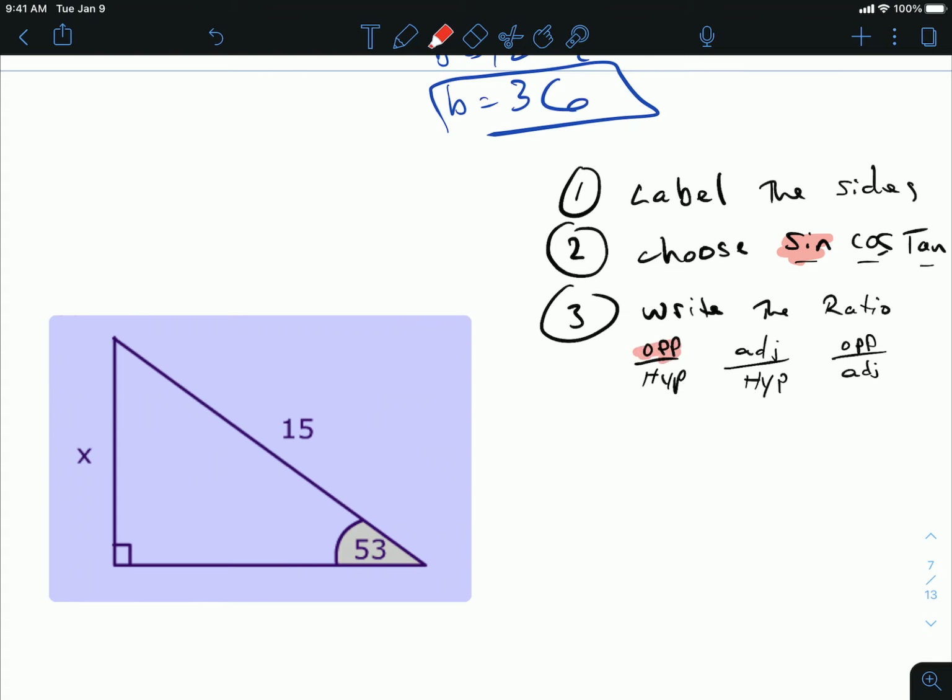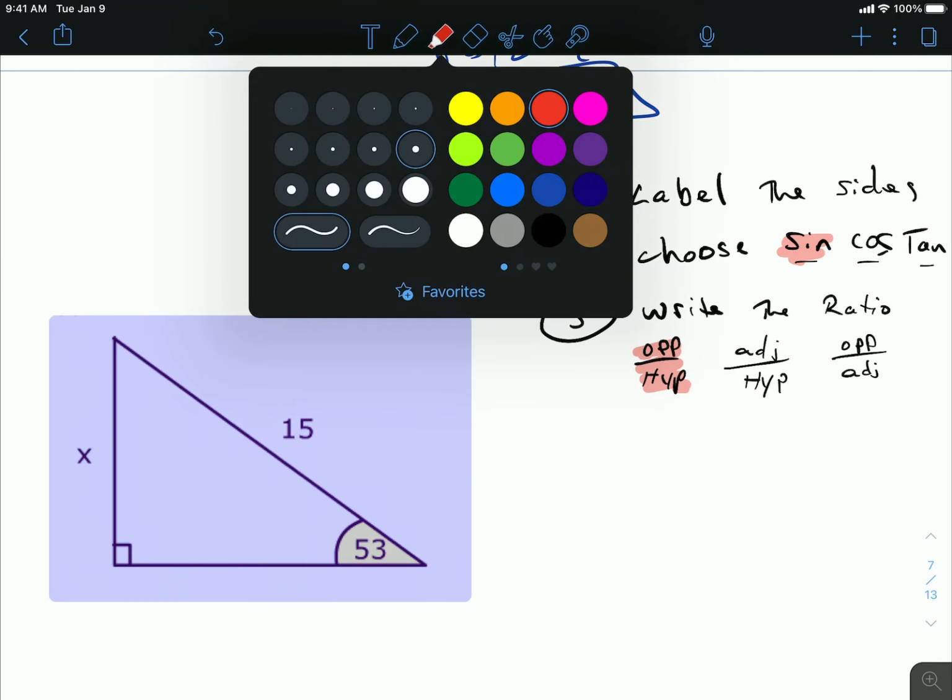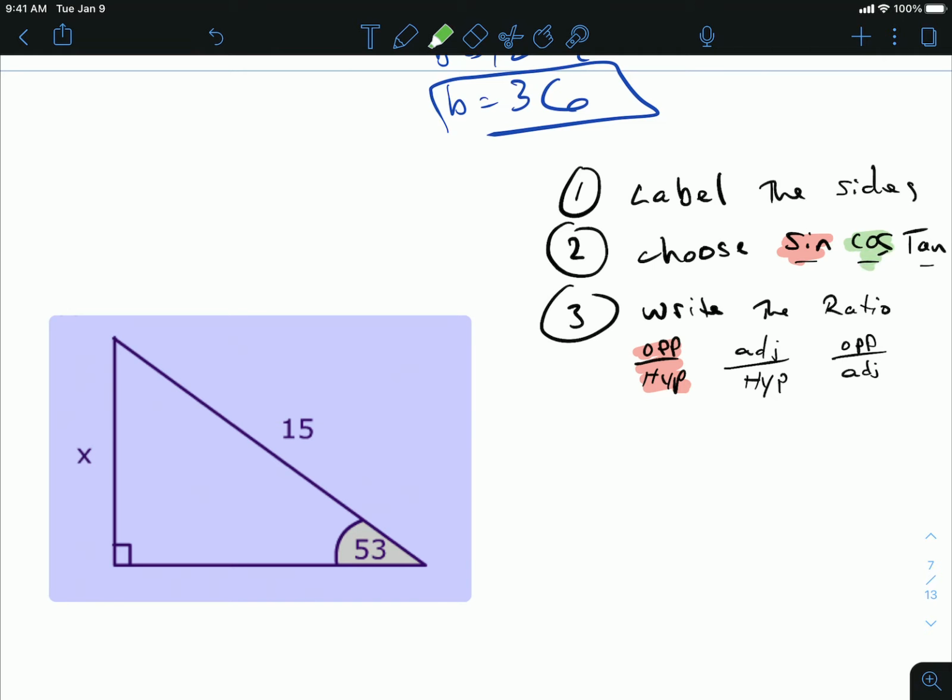Sine goes with opposite over hypotenuse, cos goes with adjacent over hypotenuse, and tan goes with opposite over adjacent, okay? So that's where you're going to write the ratio. That's what it means. And then you're going to plug in the numbers in here, right? With whatever you've got on your triangle.